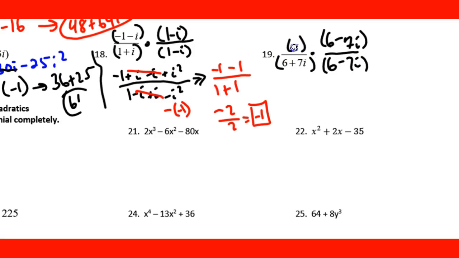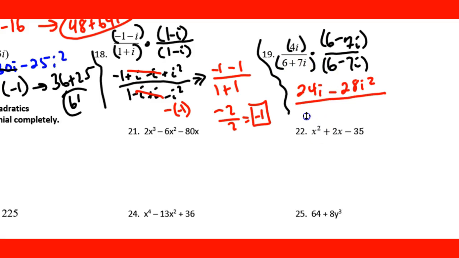So now I'm going to distribute the 4i. So you have 4i times 6i, which is 24i squared, and then 4i times negative 7i is going to be negative 28i squared.